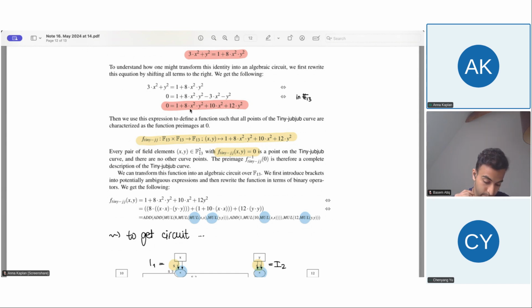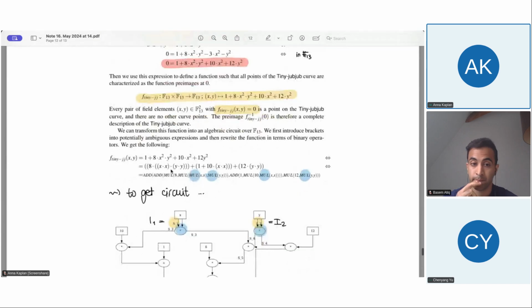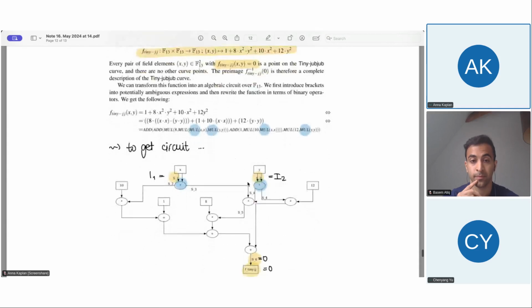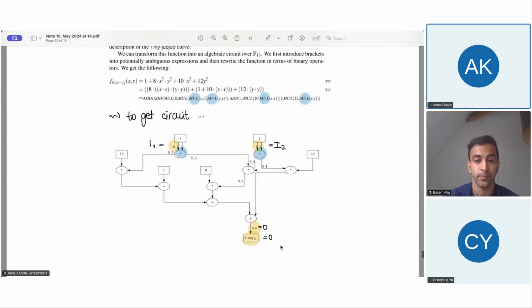Whenever we get x and y which verify this equation, where the expression on the right is 0, these points x and y are on the curve. Through those multiplications and additions, we can write them as gates and get a circuit. A circuit will look something like this.